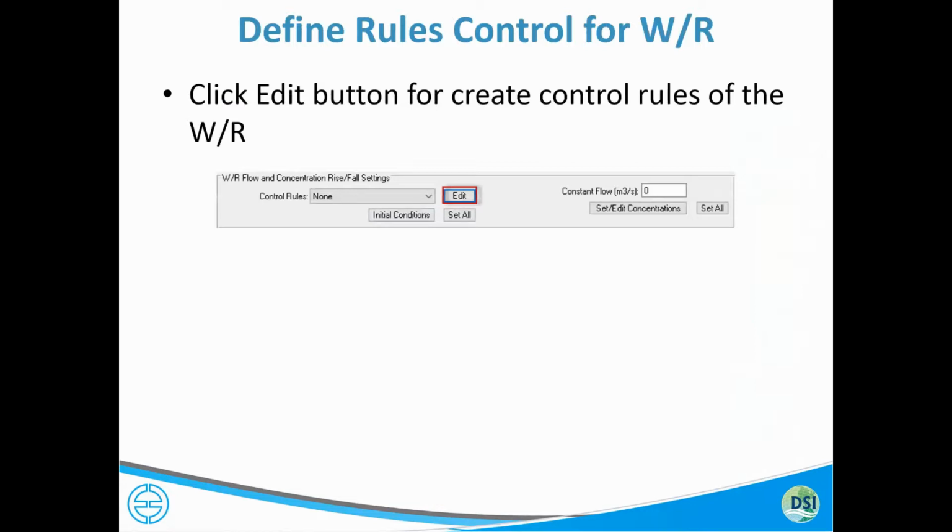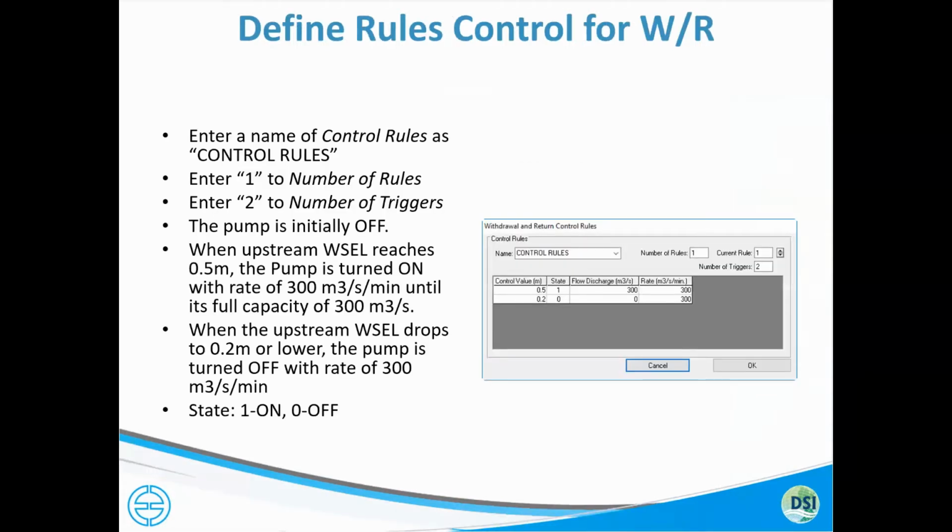Then we set up the control rules for the hydraulic structure. Once you've turned that on, you can set the state again based on these control values. Here again, we're using an elevation difference, and the pumps are turned on or off, and then what's the actual flow rate for these conditions for this particular rule.